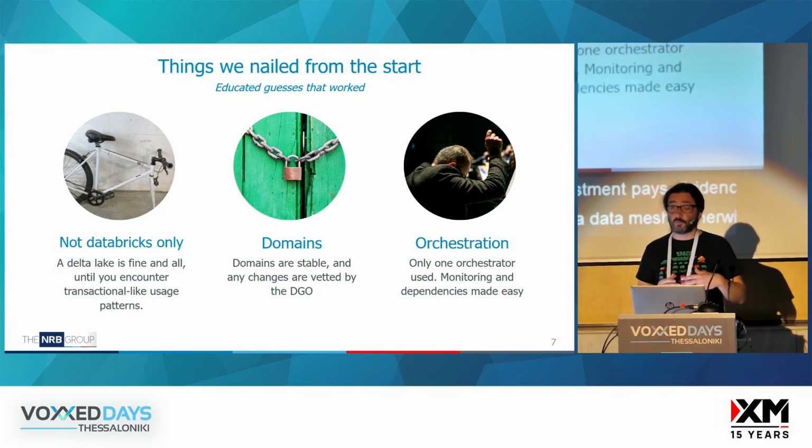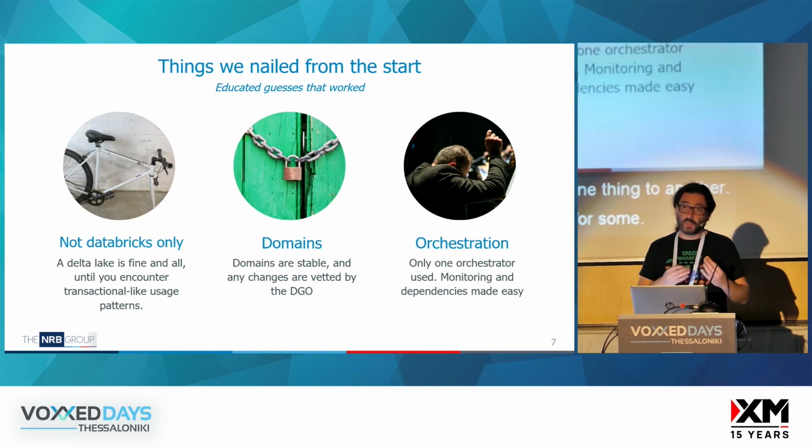But we also allowed for some flexibility, and when needs arose, like complex searching or transactional-like usage patterns, we switched the underlying technologies, and we knew that we should switch them right from the start.